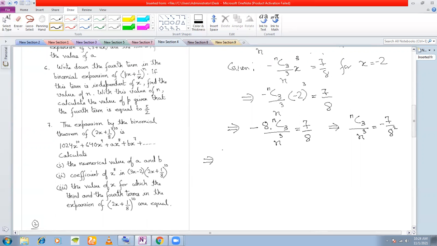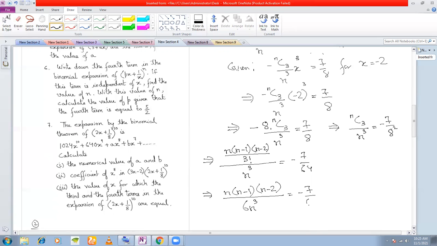Now you can put the value of nC3. What is the formula for nC3? n into n minus 1 into n minus 2 divided by factorial 3, divided by n cube, is equal to minus 7 by 64. Factorial 3 is 6, so we get n into n minus 1 into n minus 2 divided by 6n cube is equal to minus 7 by 64.